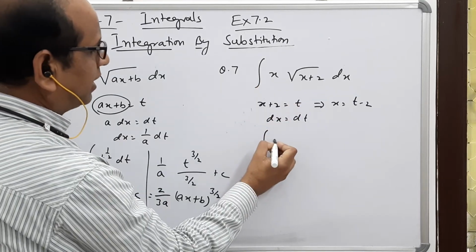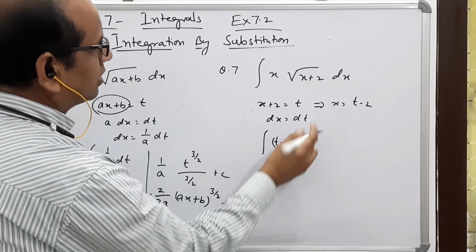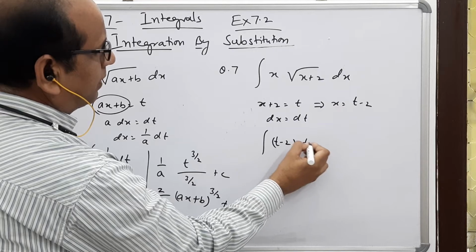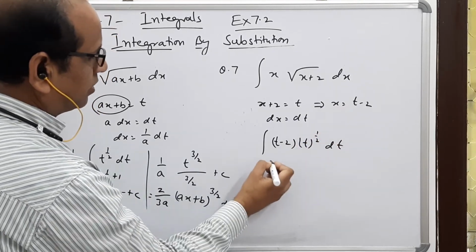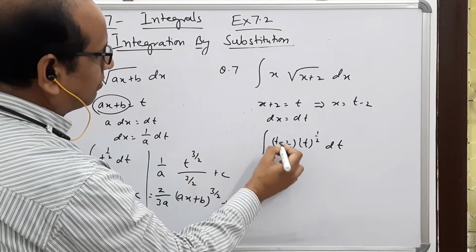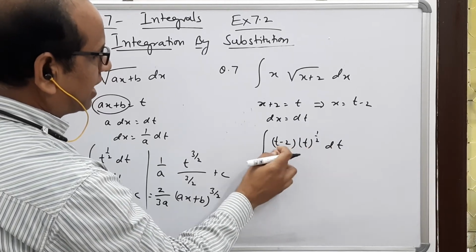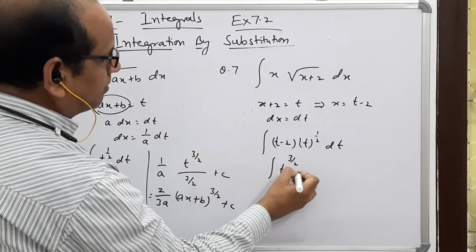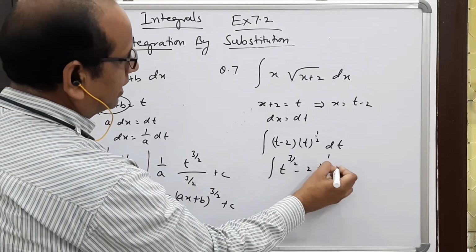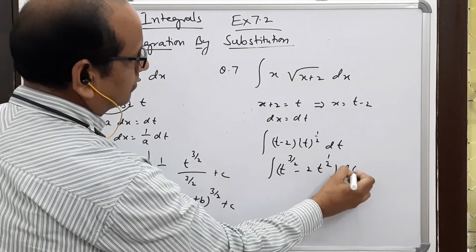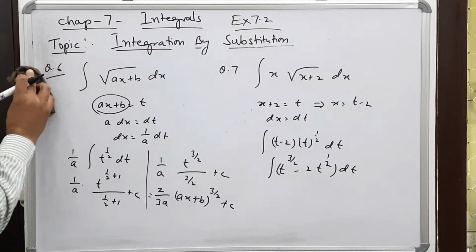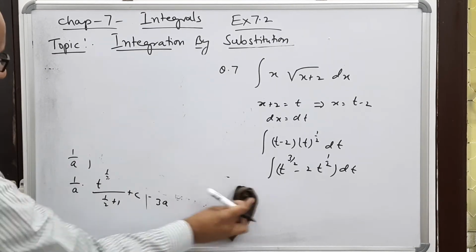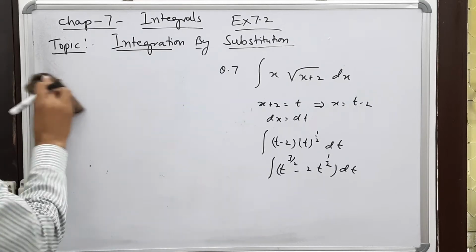Here x will be t minus 2, and this will be t power half, and then dt. So it is t power 1. When you multiply this half by this, it is 3 by 2 and t power half and dt. Please see this step now. So the integration of, see this is little complicated.